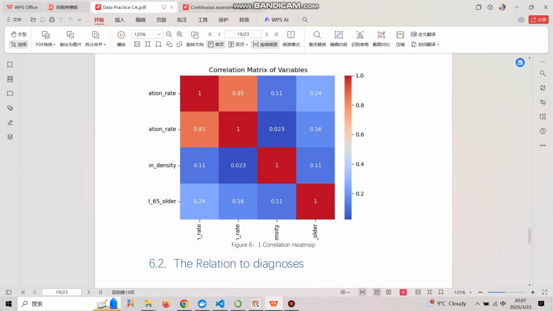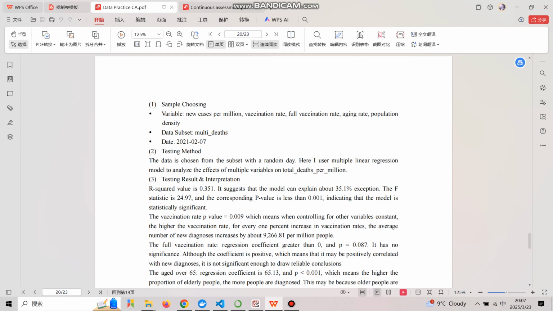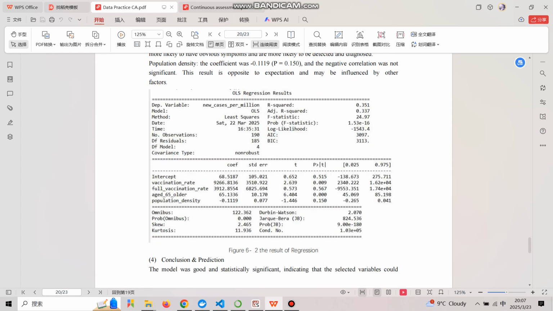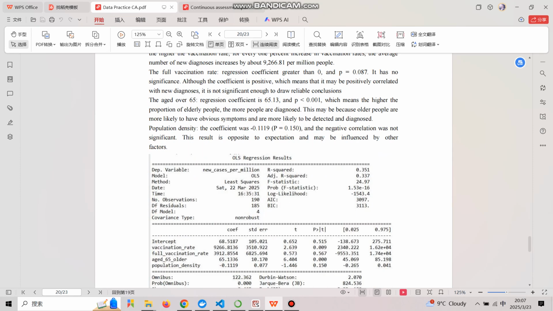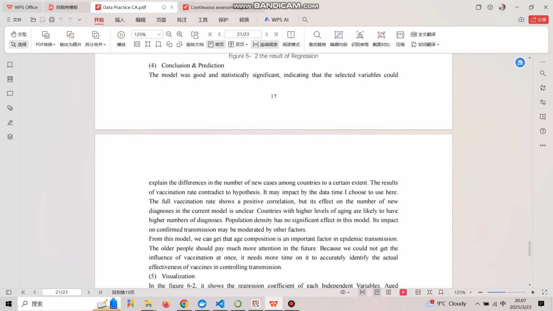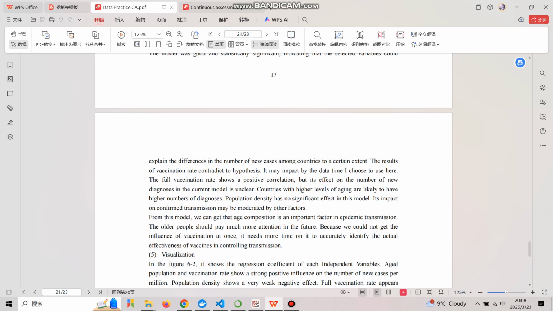I used a heat map to show the relationships between them, which I learned by myself to draw, and I used a multiple regression model to show that age has a significant influence on new cases, and the vaccination rate at different times may have different effects on deaths and new diagnoses.